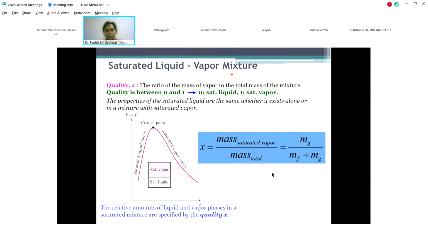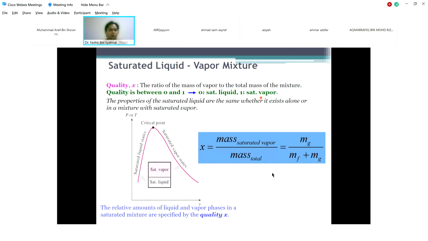Not 0, not 1. 0 is only for saturated liquid, and 1 is for saturated vapor. So in between them, the phase is saturated liquid vapor mixture phase. Okay, so please remember this.